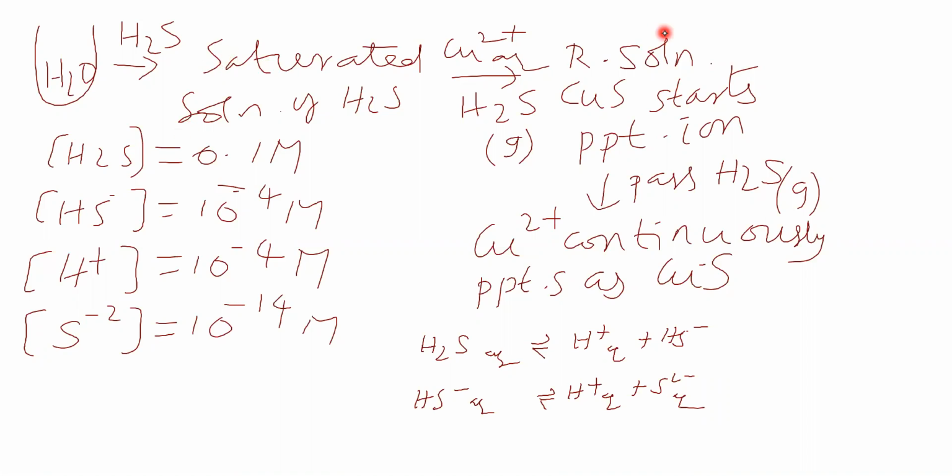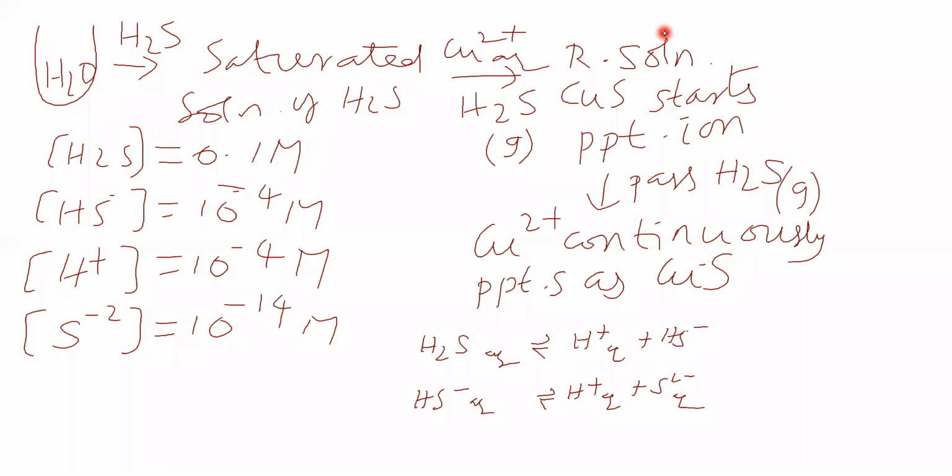In this saturated solution, this equilibrium is possible, with H2S, H+, HS- and sulfide at certain concentrations. You are adding Cu2+ and continuing the passage of H2S, so the resultant solution starts precipitation of CuS.